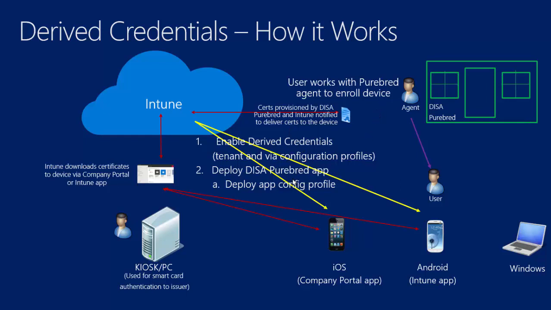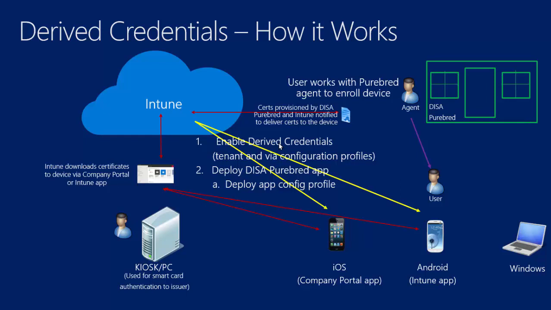So this was all done under the context of the Intune administrator. Now, there's another part that I don't really show here. I'll show it to you as we get into the demo. But there are certain certificates that you will need to have on your devices, right?